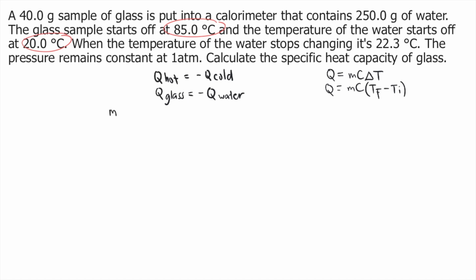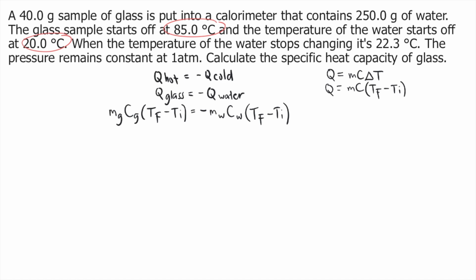So for the left side, that's mass of glass times C of glass times final temperature minus initial temperature equal to, for the right side, negative mass of water times specific heat capacity of water times final temperature minus initial temperature. So now that we have set up the equation, let's now plug in the values.